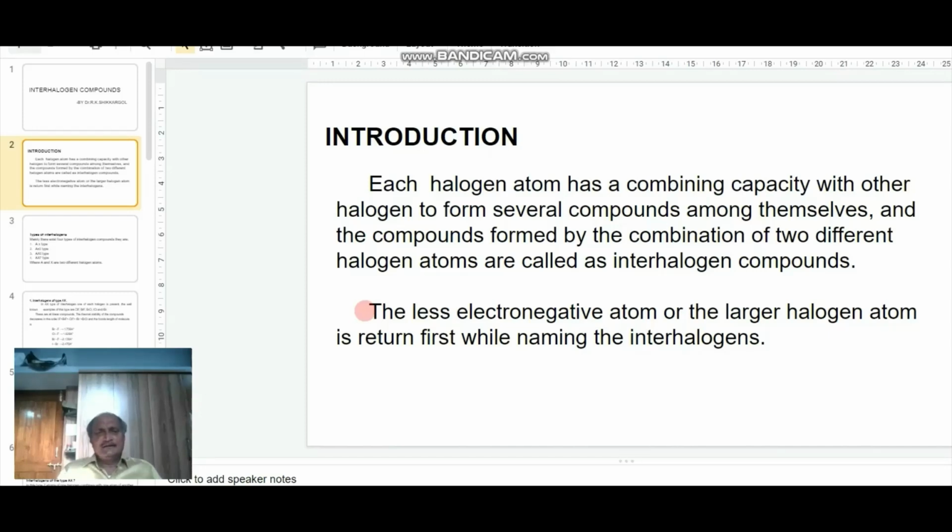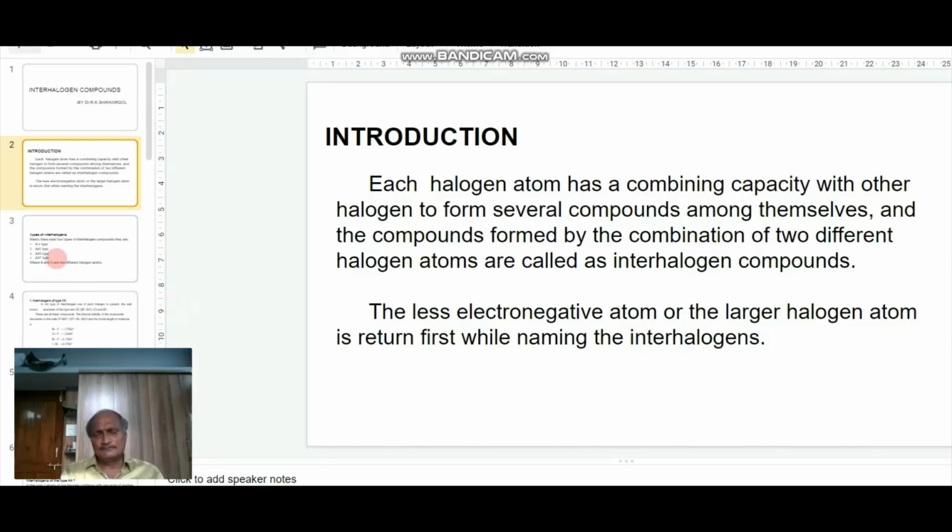While naming the interhalogen compounds, the less electronegative atom or larger halogen atom is written first. As we see from the periodic table, in the 7A group, that is halogens, the electronegativity value goes on decreasing as we move from top to bottom, from fluorine to chlorine, chlorine to bromine and bromine to iodine.